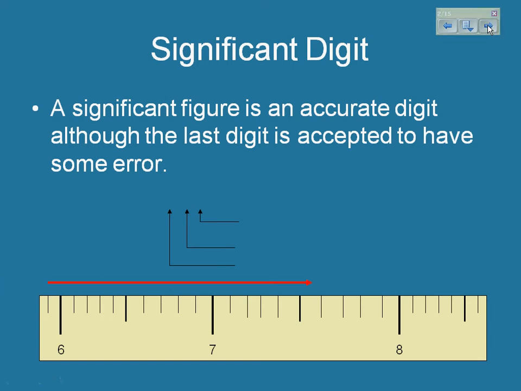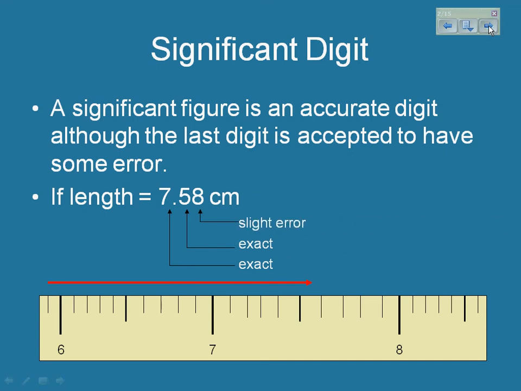So we have this red line before, and we can call it 7.58. 7 is exact, the 5 is exact, but the 8 is your best guess. And that's where you might vary from your lab partner, all right? So we had to guess that digit there.